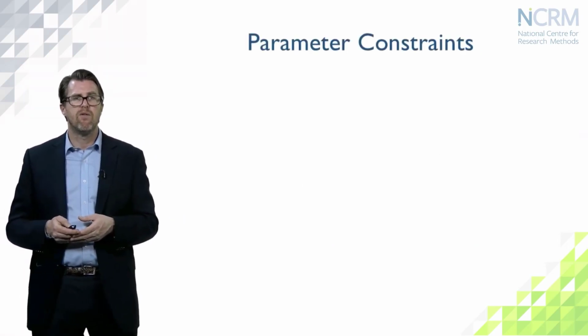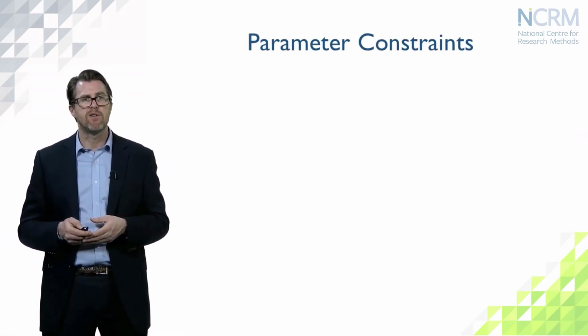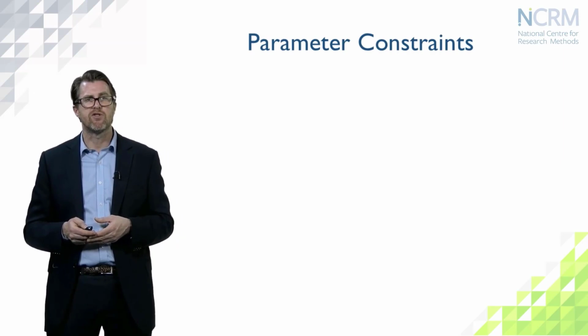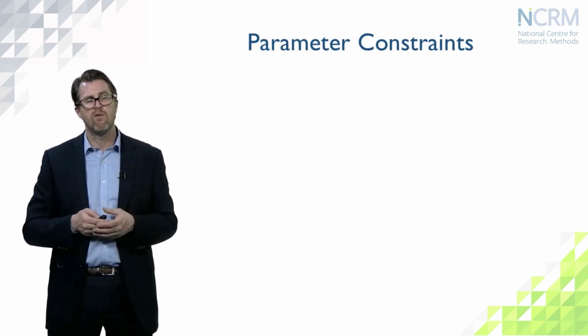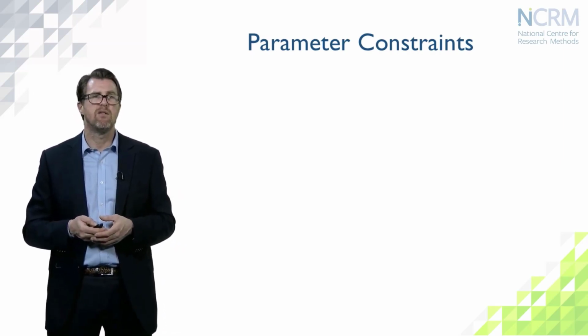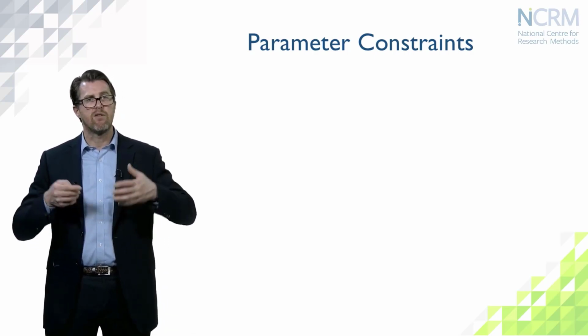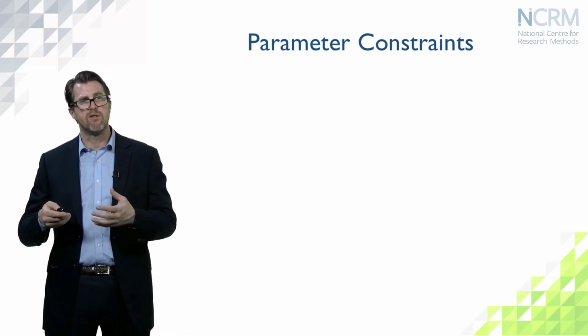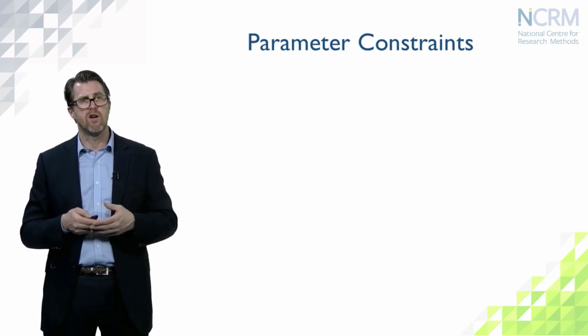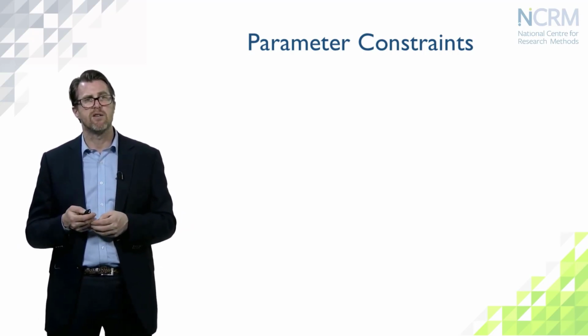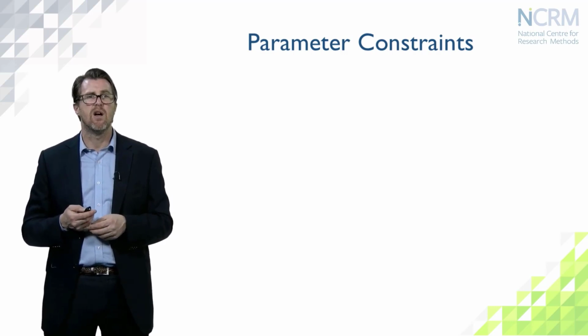So those are the kinds of parameter constraints and parameter restrictions that I was referring to and talking about in video 2, that it's quite unusual in other branches of statistics that we use in social science to make these constraints and fix parameters to particular values.